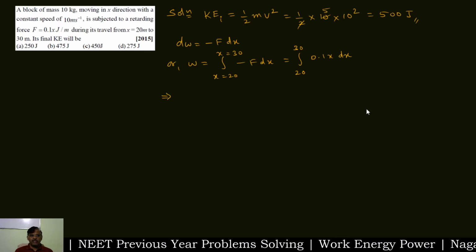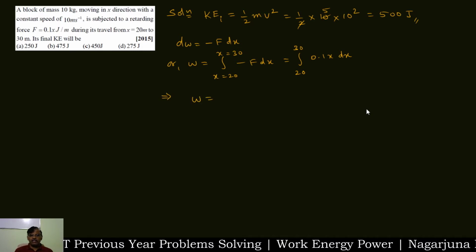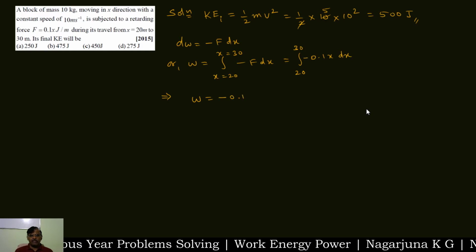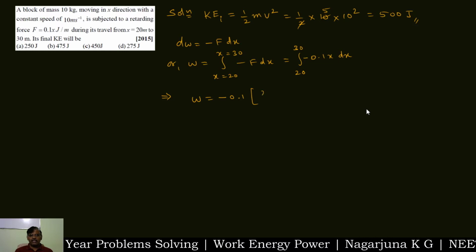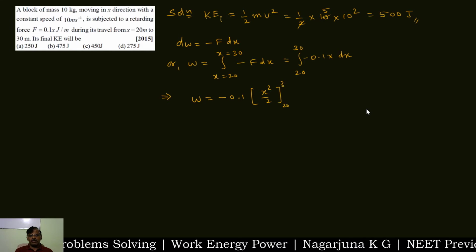So that implies W is equal to minus 0.1, with the negative sign, times the integral of x dx, which is x squared by 2, with limits 20 to 30.